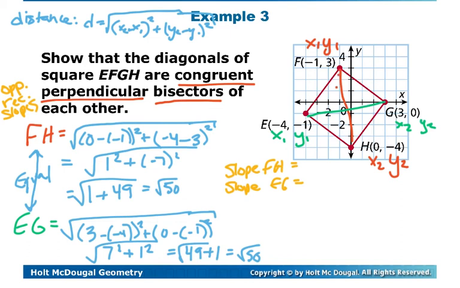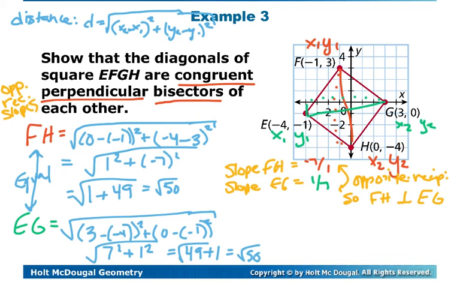So we've got 1, 2, 3, 4, 5, 6, 7 down and over 1. So -7 over 1 is our fraction there. And our slope for EG is rise 1 over 1, 2, 3, 4, 5, 6, 7. So positive 1/7. And so hopefully you can see that these two are perpendicular. We have opposite reciprocal slopes. So FH is perpendicular to EG.